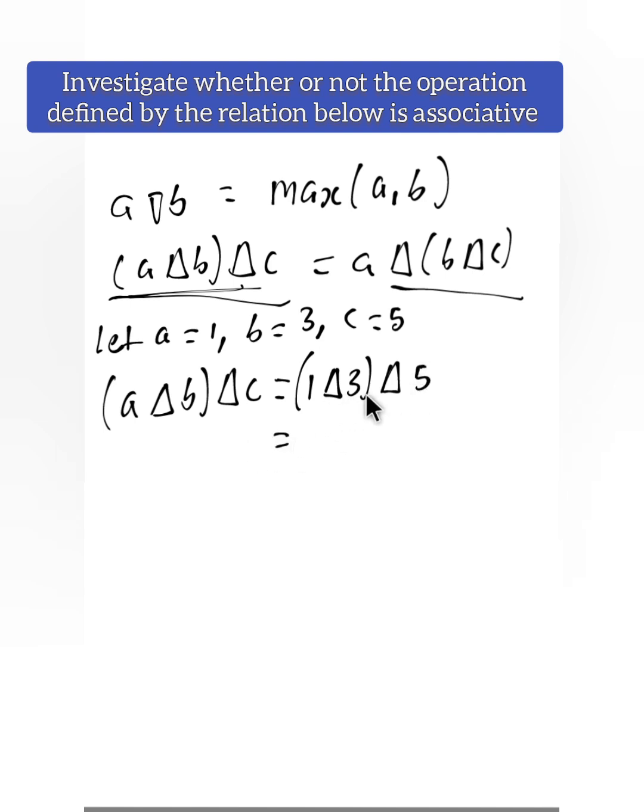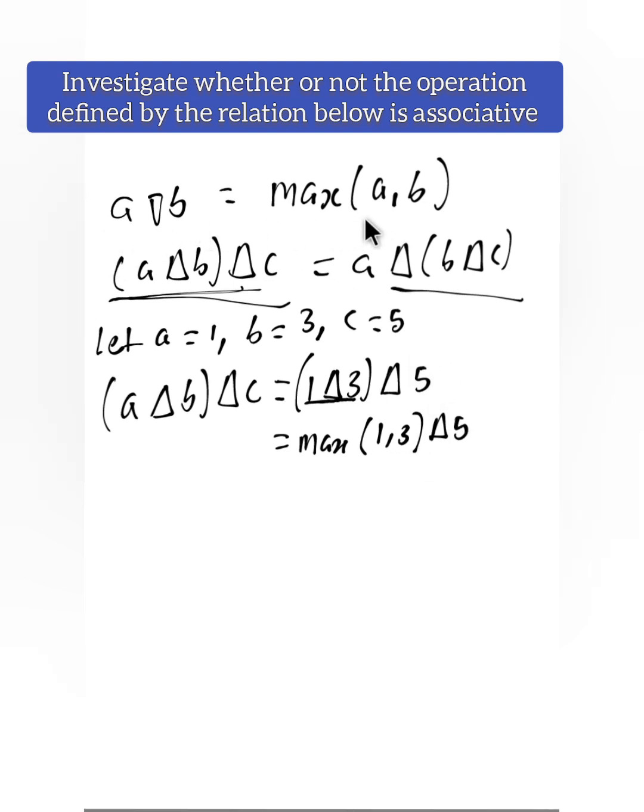Now we have 1 operation 3. According to the formula, 1 operation 3 is the maximum of 1 and 3, operation 5, using the formula that A operation B is the maximum of A and B. So solving this, the maximum of 1 and 3, which one is the highest number? 3.